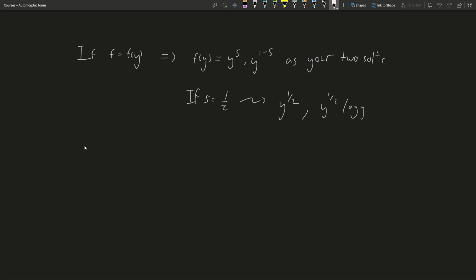And then say that f now has some x dependence. It turns out that we're going to be interested in functions f that are periodic in x.